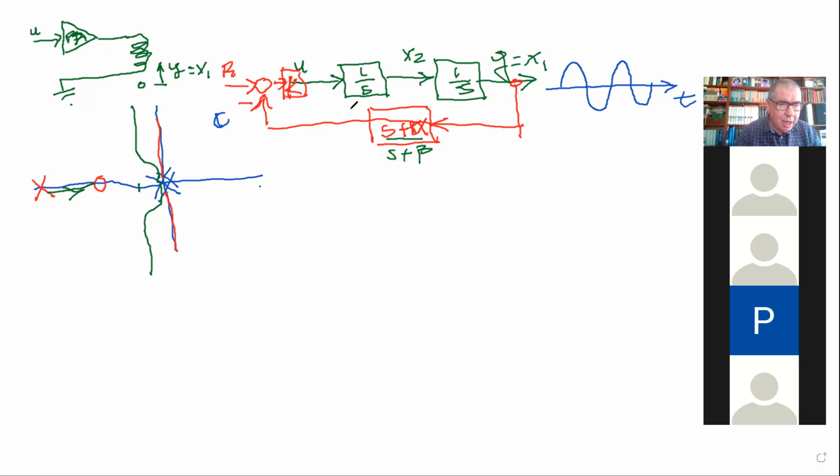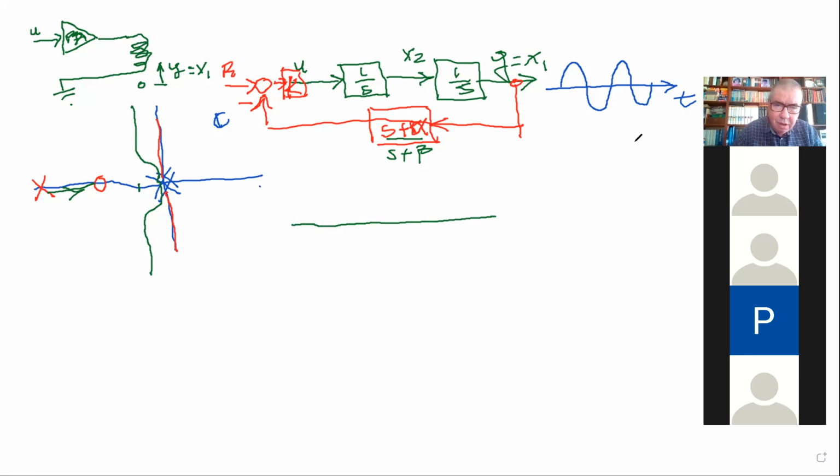So what is the transfer function between R and Y in this situation? So the closed loop transfer function is what?